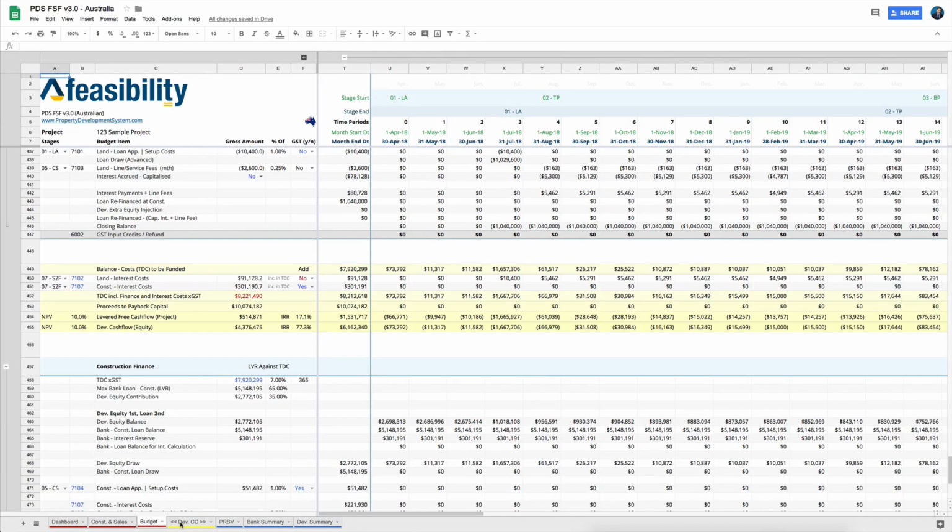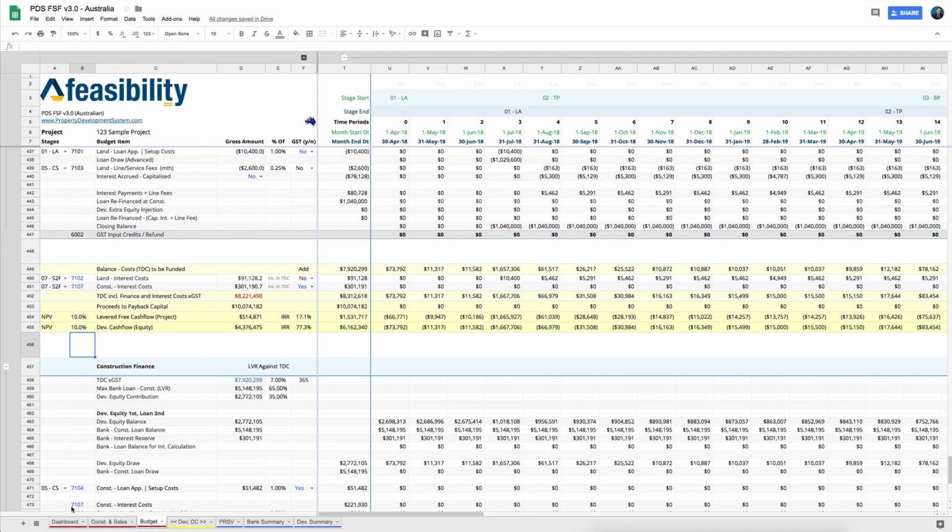If you go into your budget sheet, after you've done your calculations, after you've clicked on your add-on and clicked on update values, you'll see that this section here will get populated. This is where your NPV is. It's telling you that this is 10%.